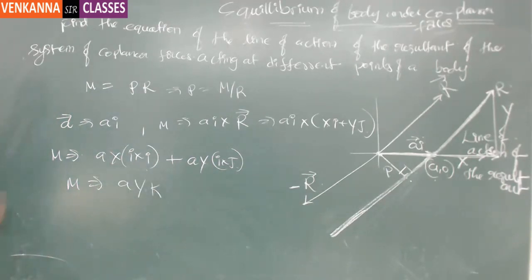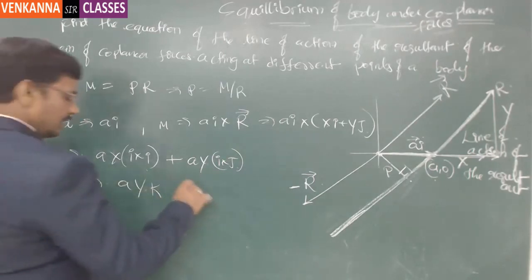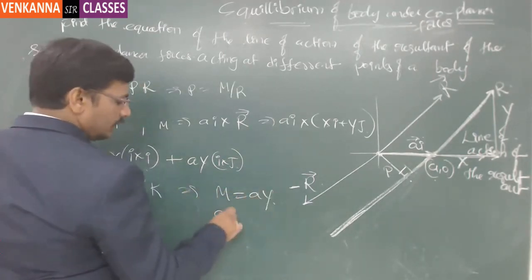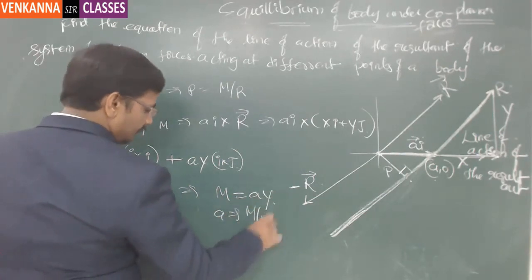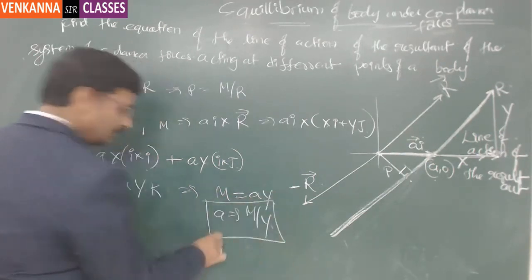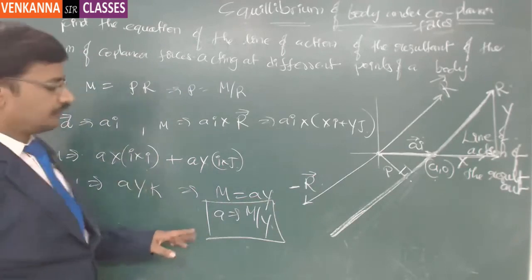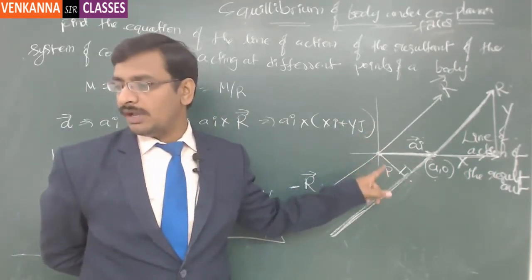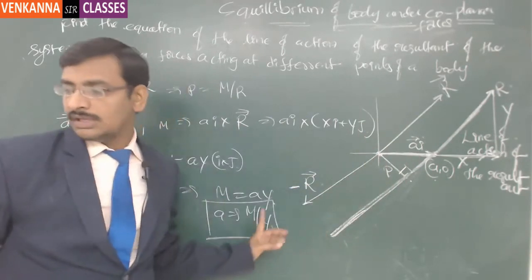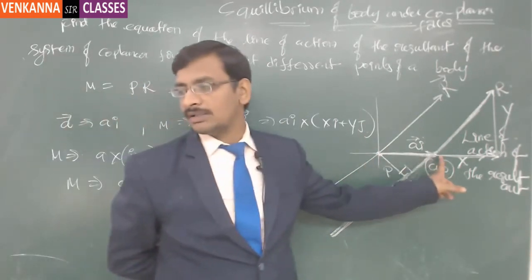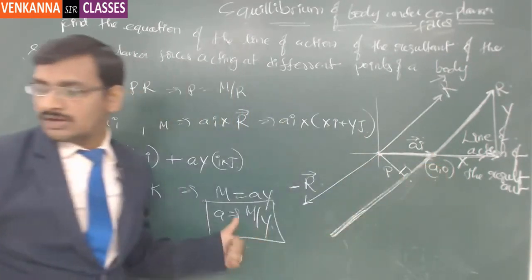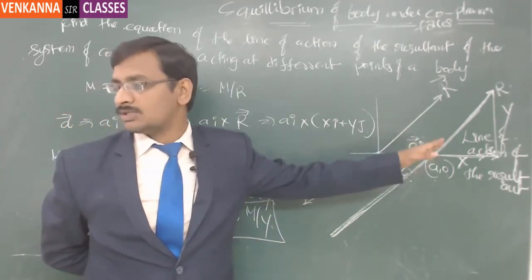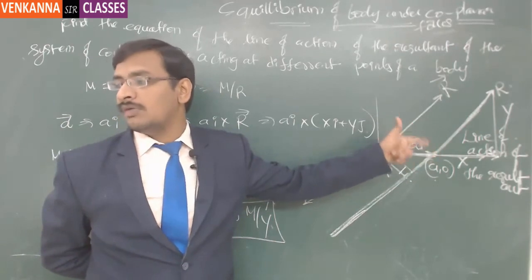If you take the magnitude, M is equal to AY, or A is equal to M by Y. This is how you can write the magnitude. So the resultant force is passing through a point where A is equal to M by Y, which is the point along the x-axis. With the known values of M and Y, you will be able to express where it is passing through. But we are still not sure at what angle it is passing through.